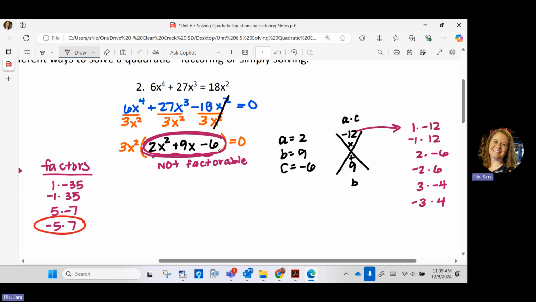So that means I can't go any further. I'm not going to ask you to take this any further. That means that the zeros, the x-intercepts, which is what the solutions represent graphically, would be decimal values that you can't find by factoring. Okay, so we can't do that because none of those factors of negative 12 add to 9.